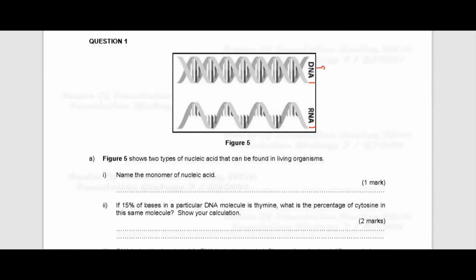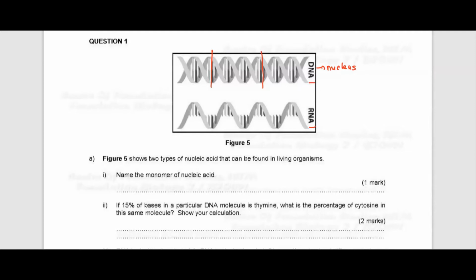As you know, DNA is found in the nucleus, where the function of the DNA is to store genetic information. The size of the DNA is really large, where the genetic information is stored in the form of genes.